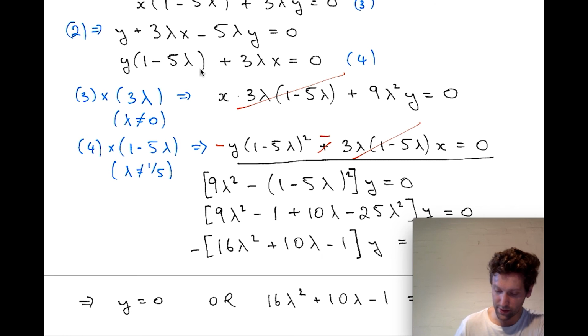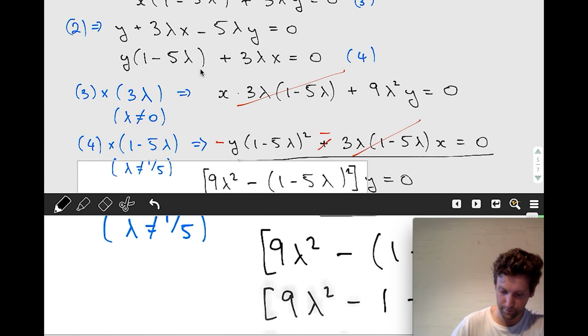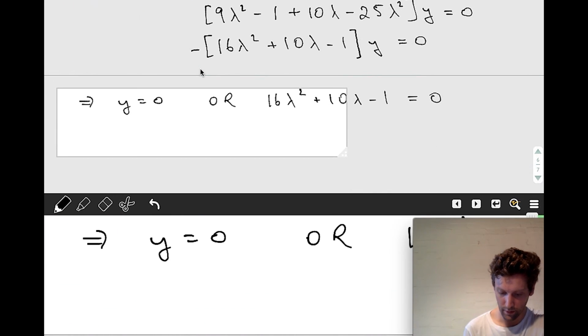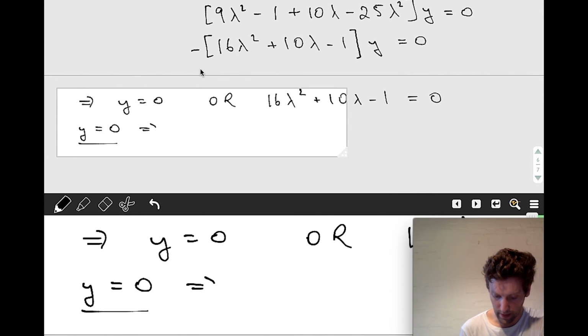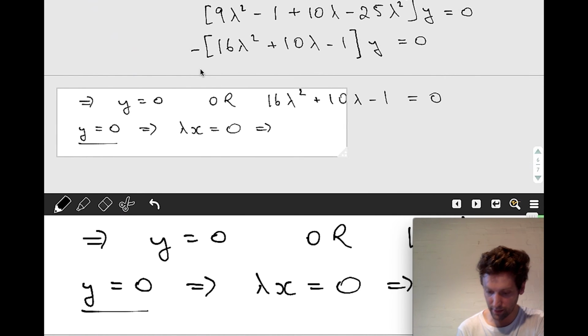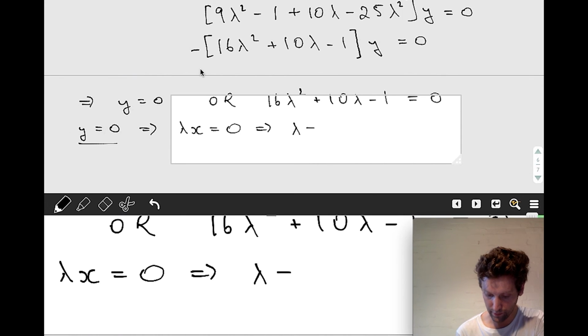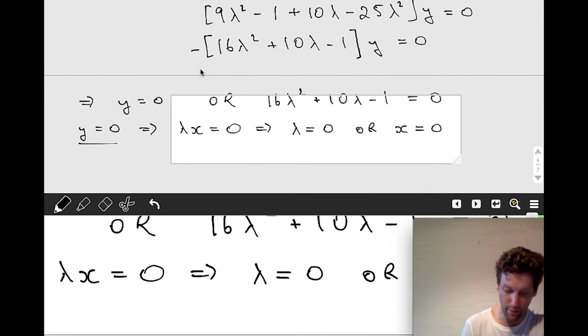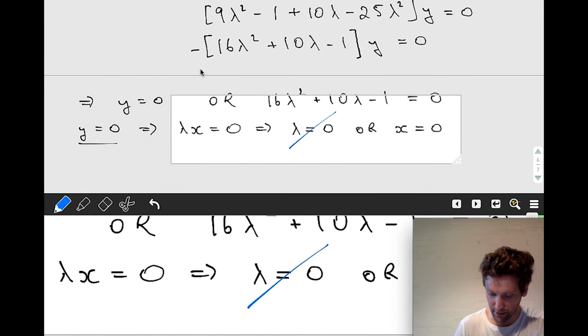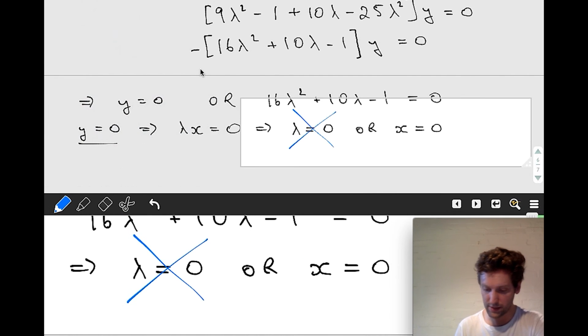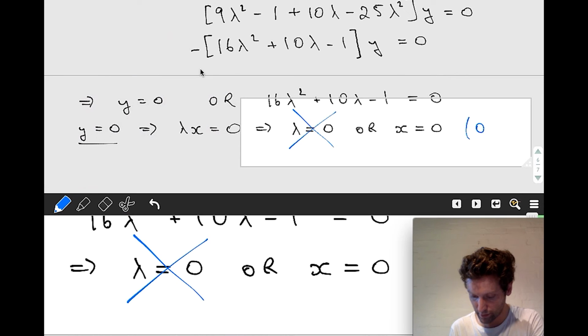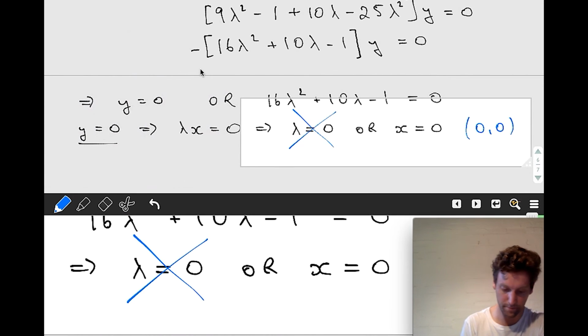That implies that lambda times x is equal to 0, which implies that either lambda is equal to 0 or x is equal to 0. But again, we remember that lambda equal to 0 is not allowed, because that would be the unconstrained problem. So we get the solution x is equal to 0, y is equal to 0.